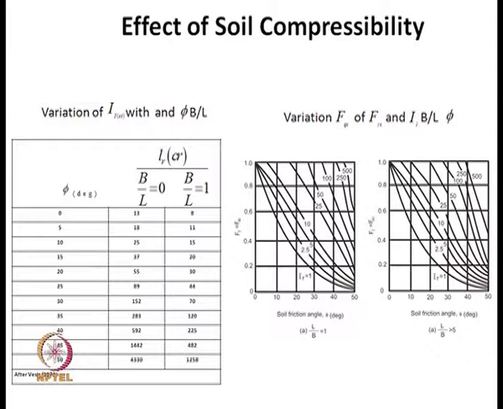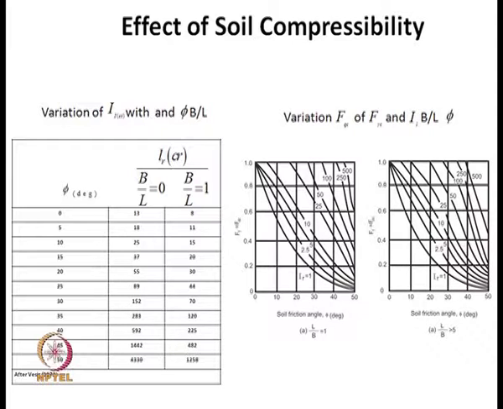If B by L is equal to 1, these are the critical rigidity index values for different phi values, which vary from 0 to 50. For 0 it is 8 and for 50 it is 1258. Similarly, for B by L equal to 0, for 0 it is 13 and for 50 degrees it is 4330.